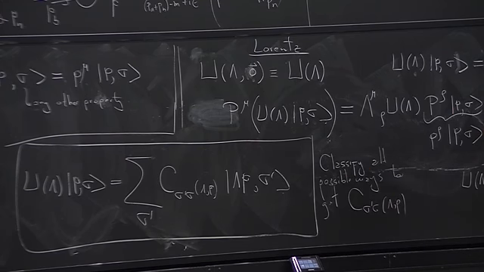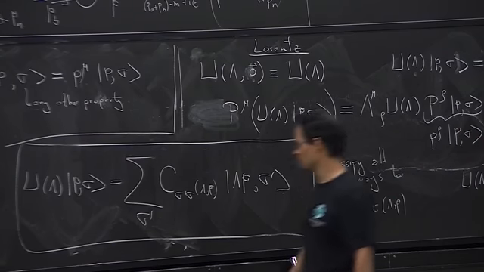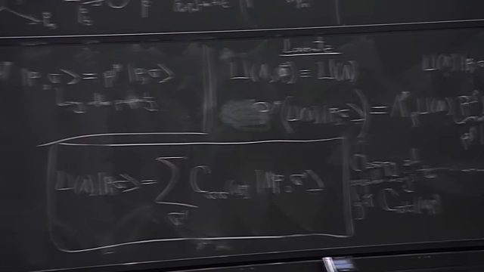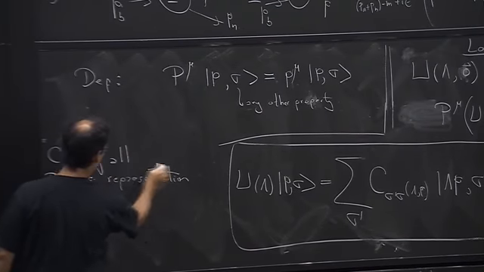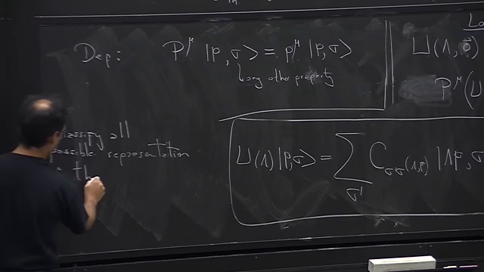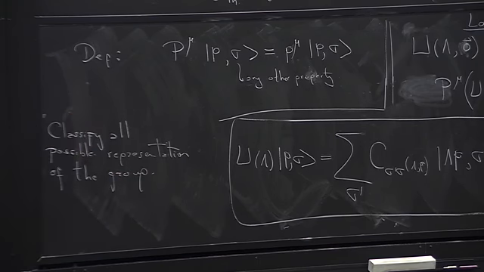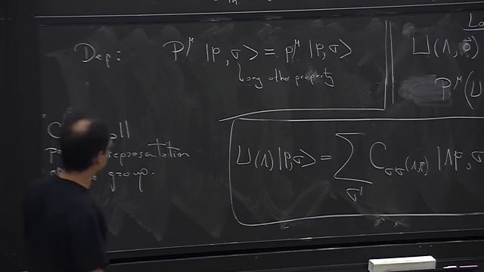This, in terms of Lie groups and Lie algebras, is called classifying all possible representations of the group.